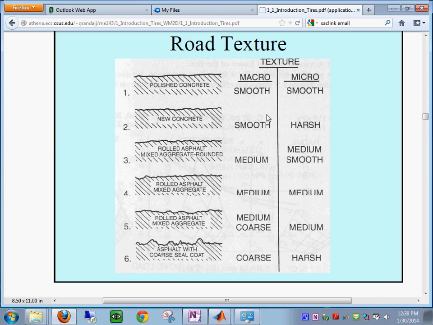You have a medium surface when it's rolled asphalt with mixed aggregate, or rounded mixed aggregate, which is much smoother. And then you have new concrete, and finally polished concrete is the last one.